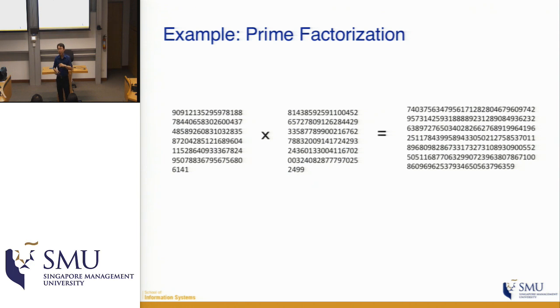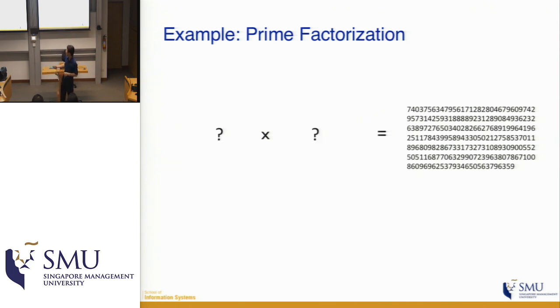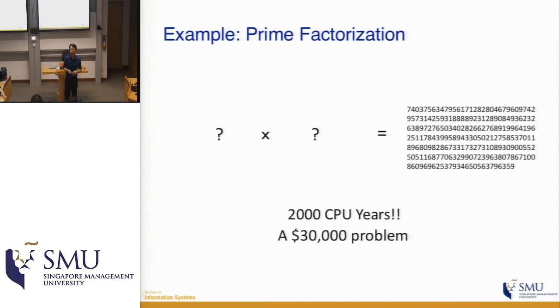But the other way around, if you try to go from the product back to the factors, this is very difficult. If you brute force it, it's going to take 2,000 CPU years. Which means that if you use 2,000 CPUs, it takes you 1 year. If you use 1 CPU, it's going to take you 2,000 years. So it's not practical.